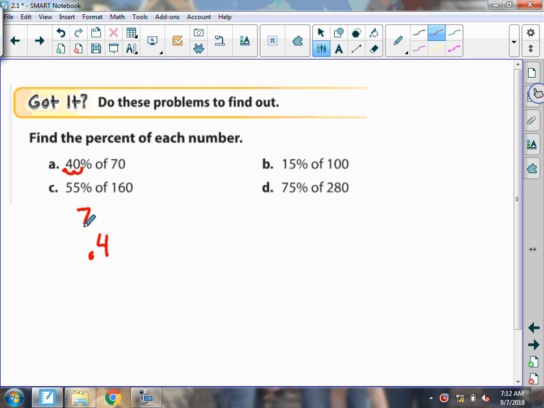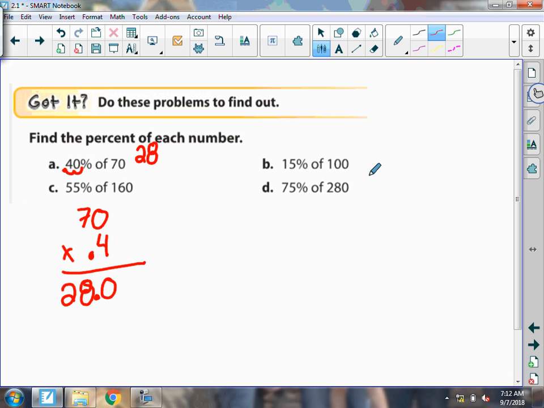I'm going to multiply that by 70. 4 times 0 is 0. 4 times 7 is 28. I have 1 decimal place because I didn't write that 0. If you wrote the 0, then you're going to have 2 decimal places. So our answer for A is 28.